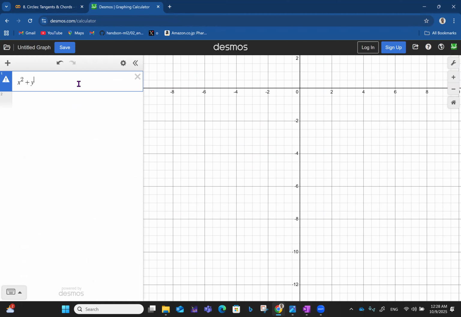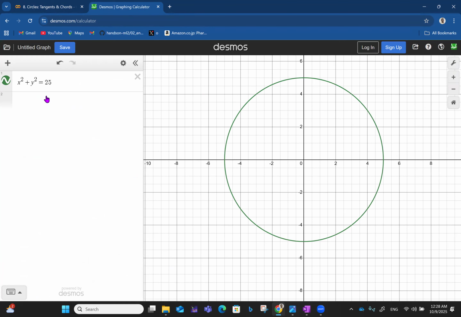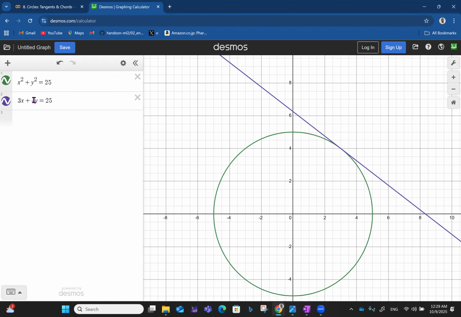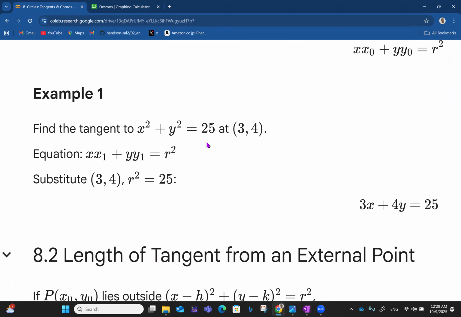You can see that the tangent touches the circle at the given point (3, 4). That's tangent to that circle at that point for sure.